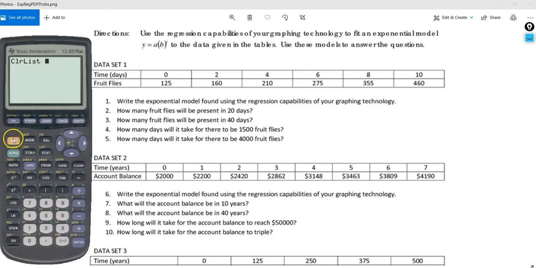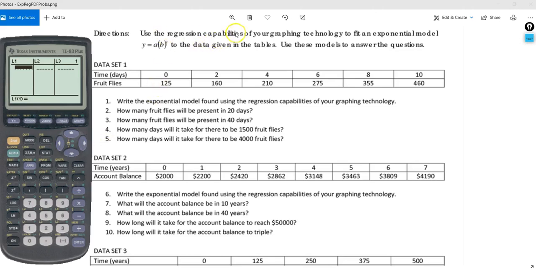So press Stat, Enter, and then tell it to clear out list 1, second 1, comma, which is above the 7, and second 2. Then enter, and then it'll tell you that it's done. Then click Stat and enter.